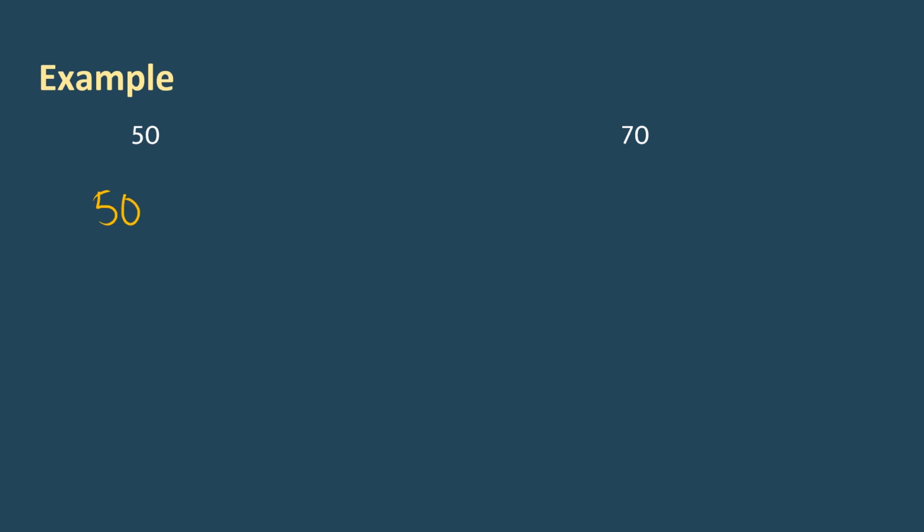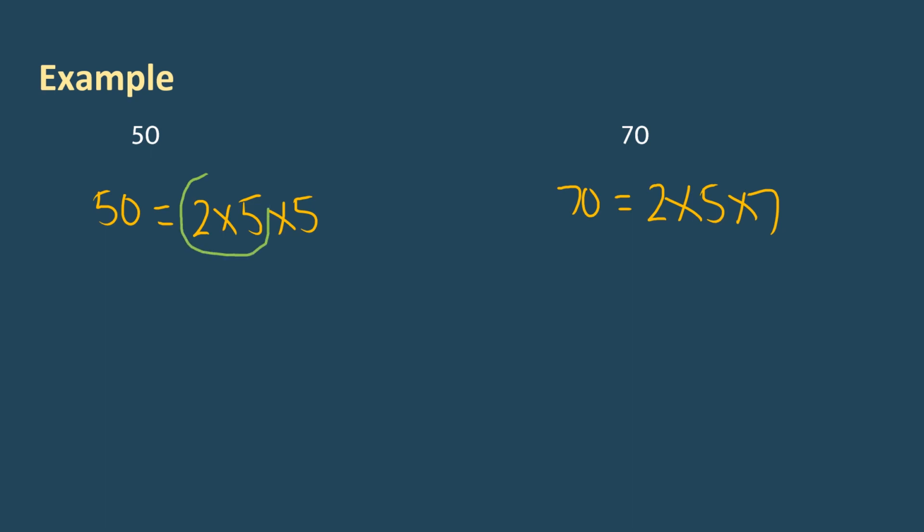Okay, from the earlier example, we know that 50 is 2 times 5 times 5, and 70 is 2 times 5 times 7. So I'm going to circle our highest common factor in green. So we know what our highest common factor is, and then we do the same trick.